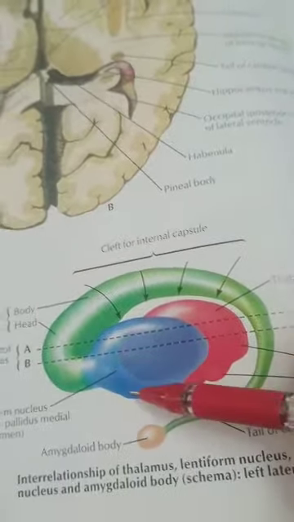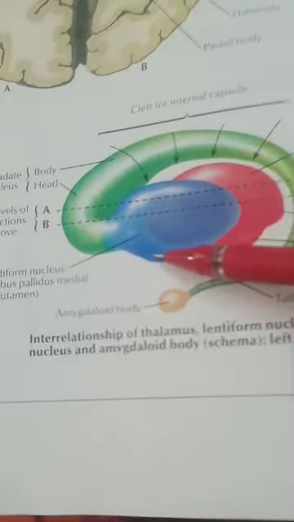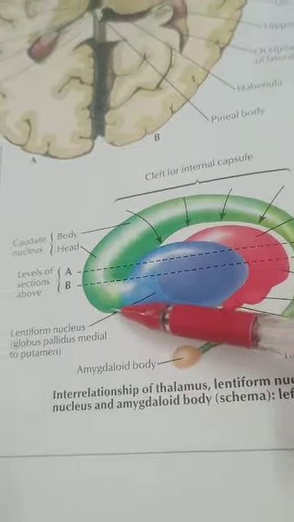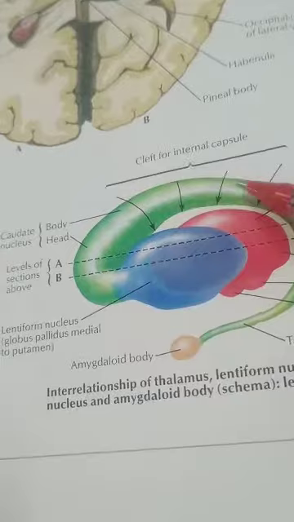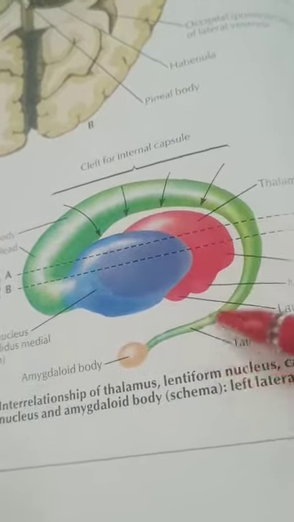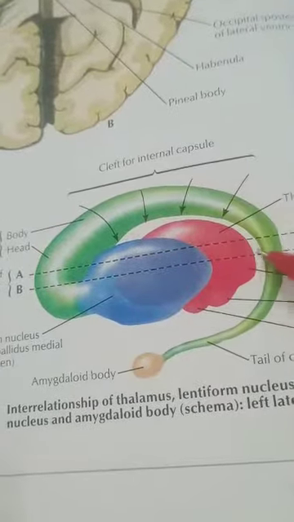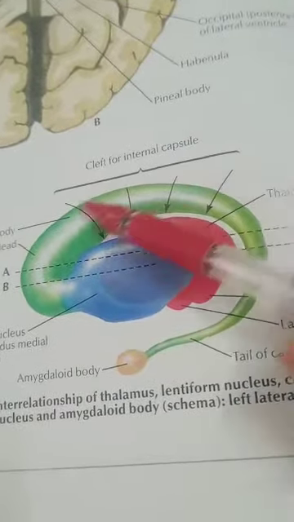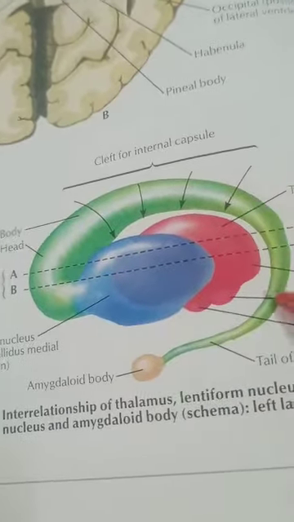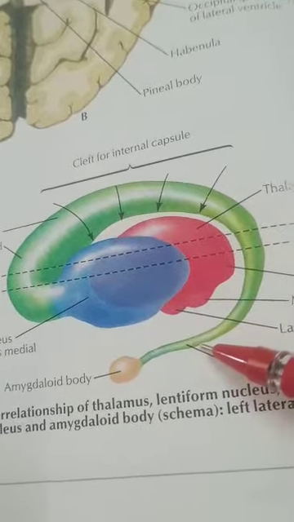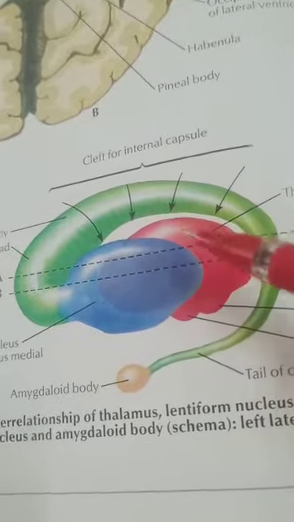We can see this in the image. This is the corpus striatum. The corpus striatum comprises the caudate nucleus, the green colored portion. This green caudate nucleus has a snake shape, like a snake. Then there is the lentiform nucleus.